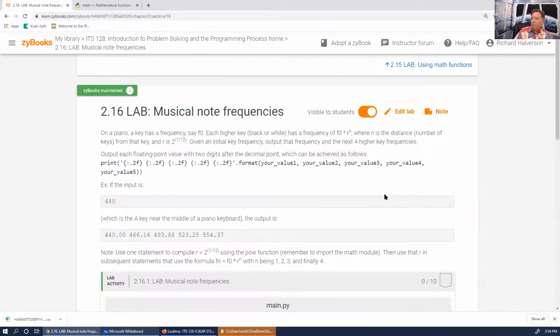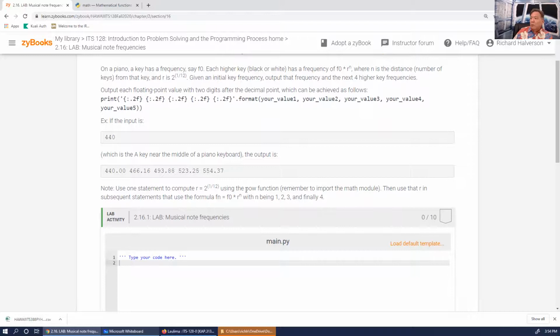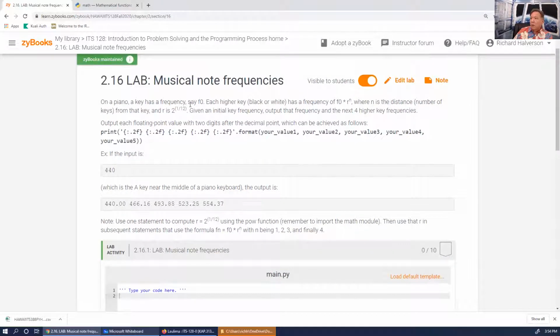What's the next one? Musical notes. Wow, this is a tough one. All right. So a piano. Okay, we're going to start out by you enter in an F0 frequency. A key has a frequency. So you have a key, you know, a piano key.